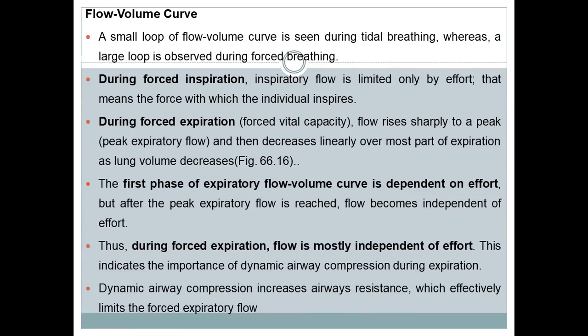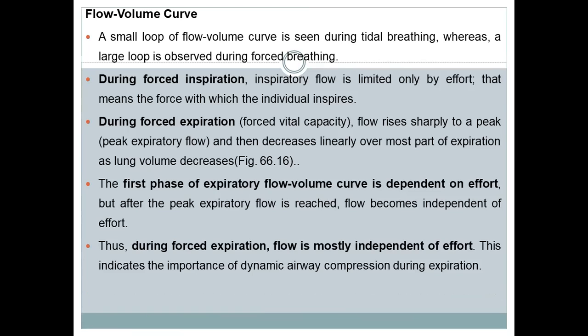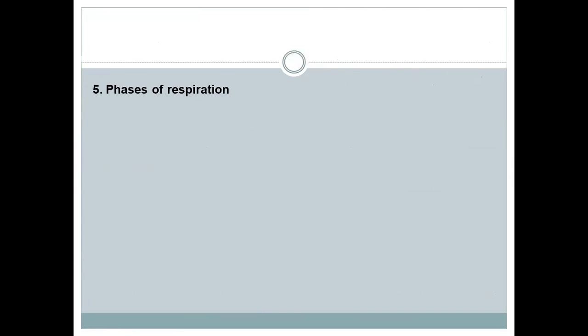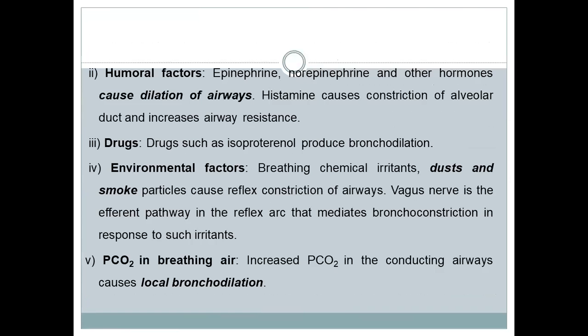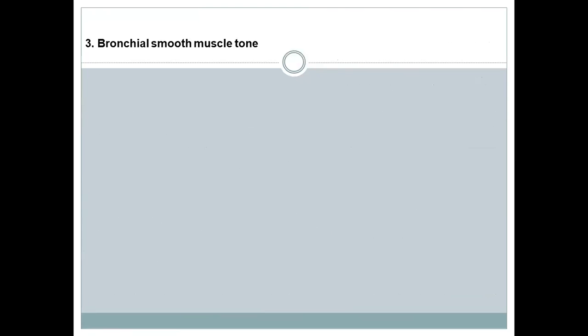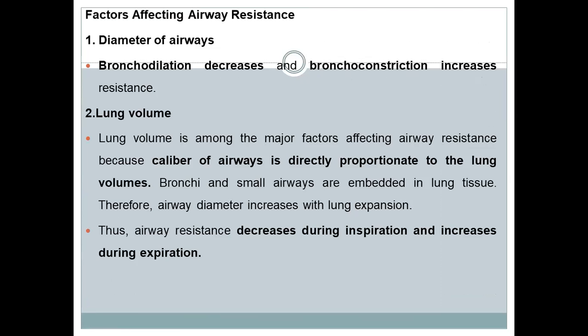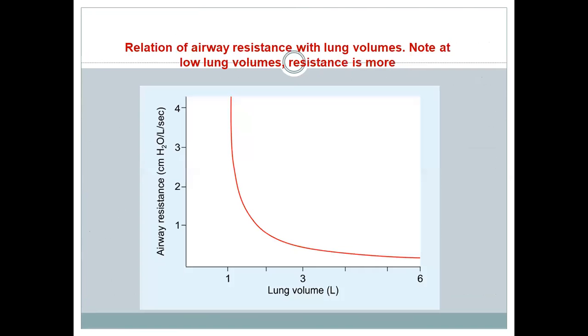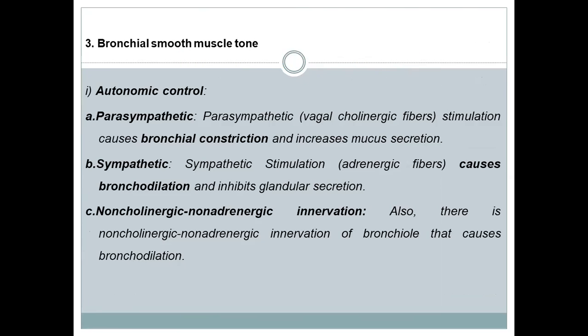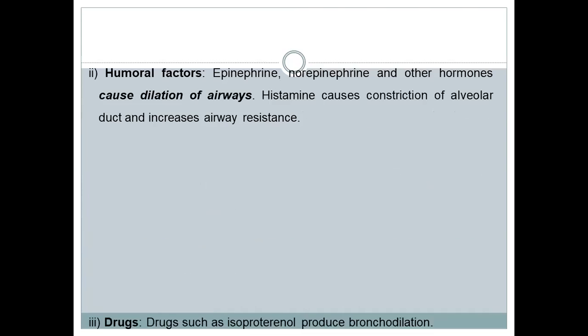So in summary, what we have seen are the factors which are affecting the airway resistance, which are very, very important. These are the five important factors we have discussed. The first important factor is diameter. The second important factor is lung volume. The third important factor is bronchial smooth muscle tone, which is affected by various factors.